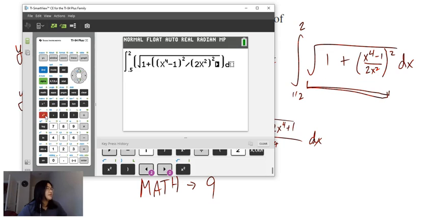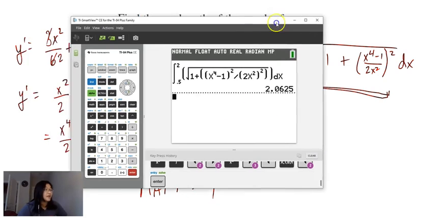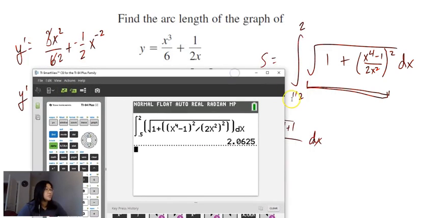And yeah, that works. Okay, cool. So we got an arc length, and it seems marginally reasonable. Right?